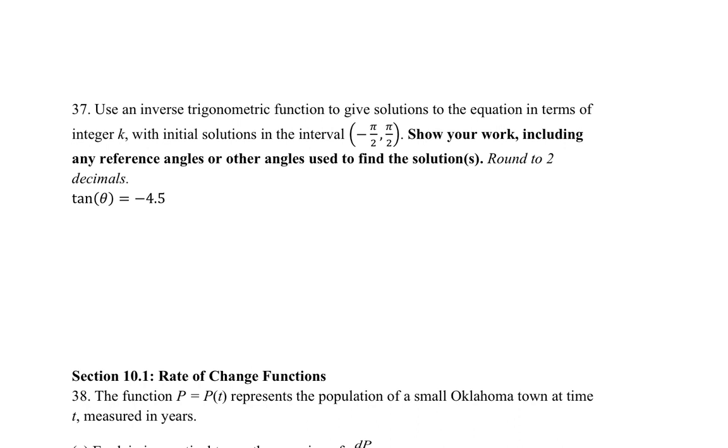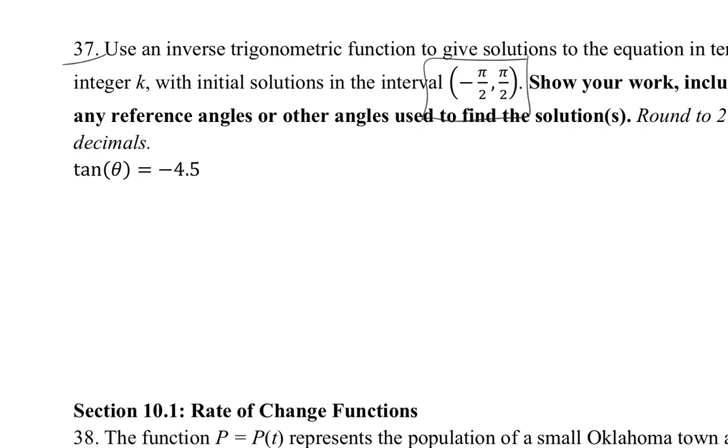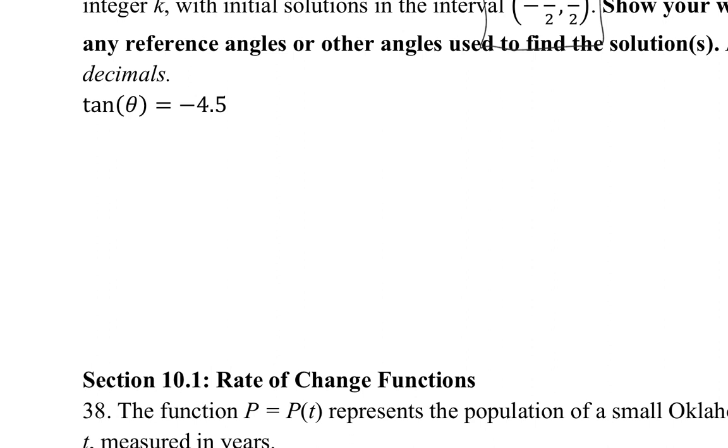So now on number 37, we're using inverse trig functions to solve the equation in terms of k with initial solutions in this interval. So we're just going to take the arctangent. Arctangent of theta is equal to arctangent of -4.5.